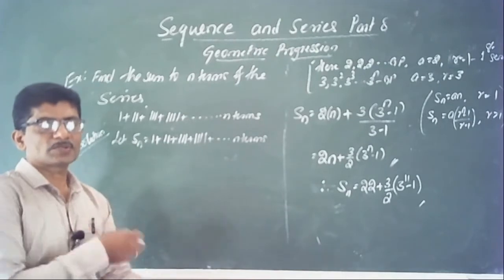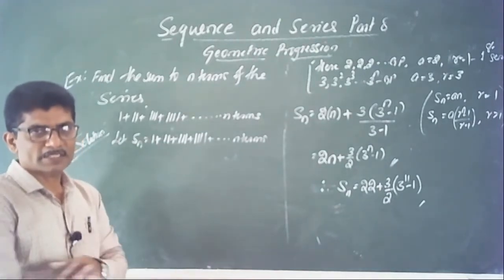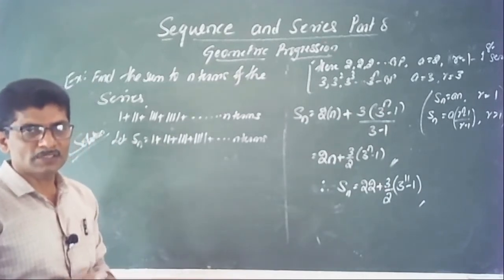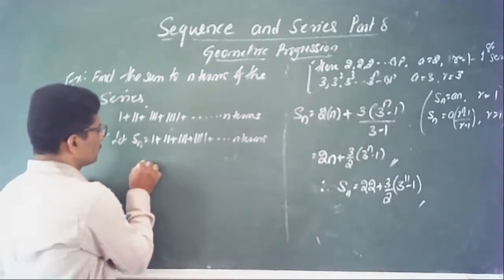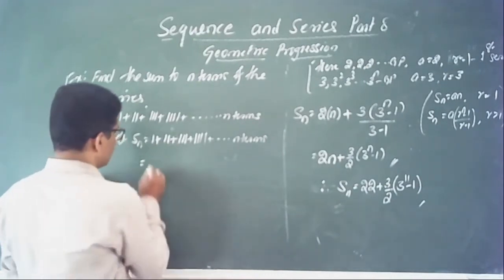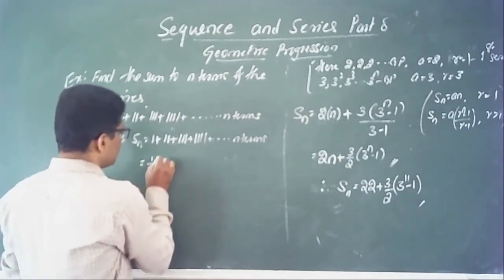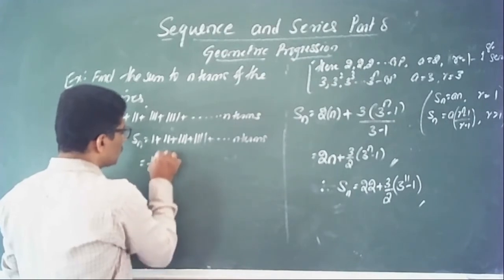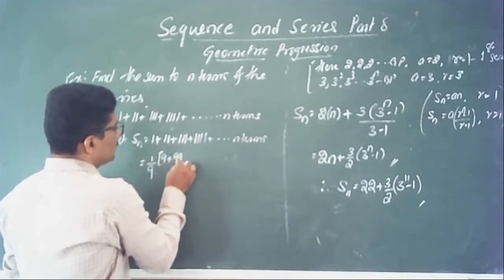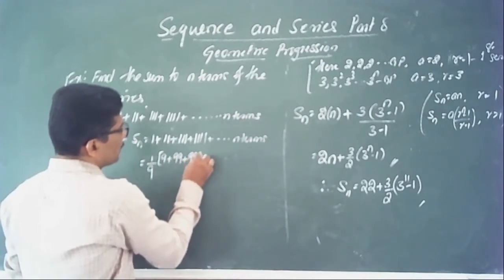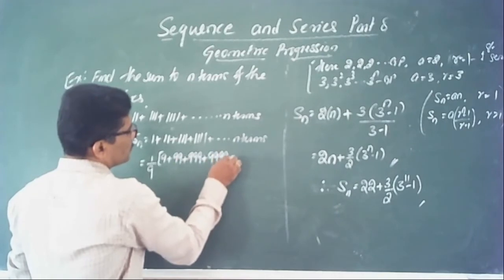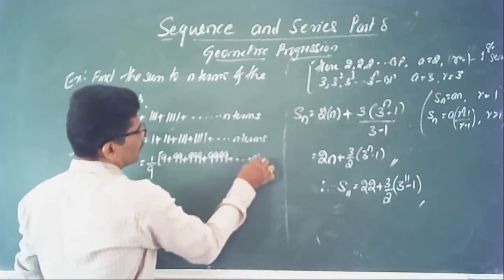Therefore, using some tricks, convert this series into either AP or GP, so that we can write it in that form. Suppose here we multiply and divide by 9, so 1 divided by 9 into 9 times this. Multiplying 9 inside, we get 9 plus 99 plus 999 plus 9999 up to n terms.